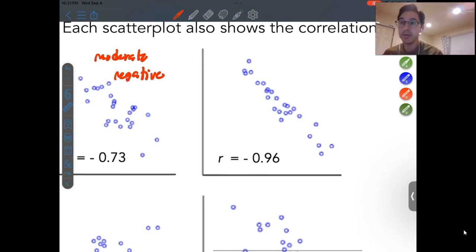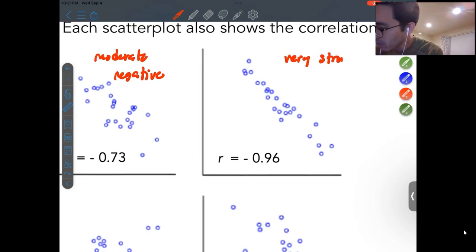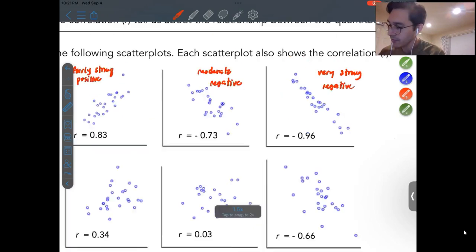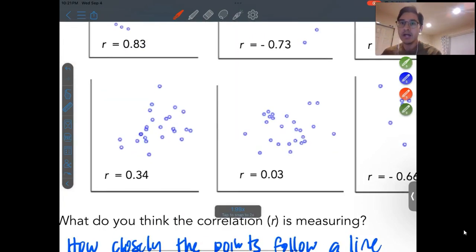This one is very strong and in the negative direction. Bottom left, it's a weak relationship, but we can tell that it's headed in a positive direction.